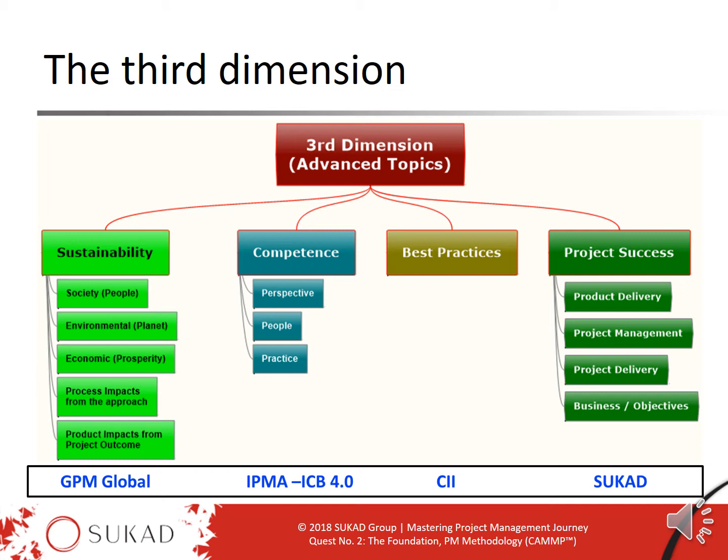However, for other industries, I'm not aware that there are special documents or references or organizations highlighting specific best practices. So I cannot list them. But I'm sure with every organization, as you work and specialize in your projects, you probably identify your own best practices and you can apply them on your projects. So that is the third dimension.